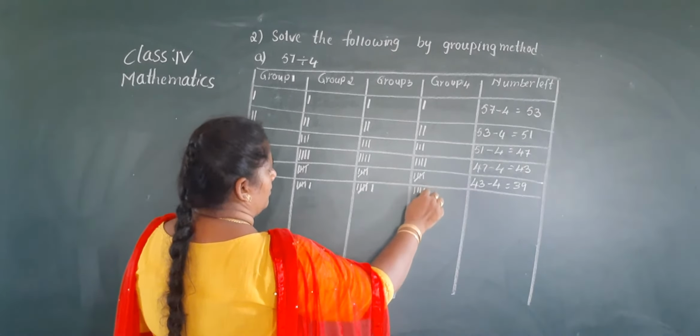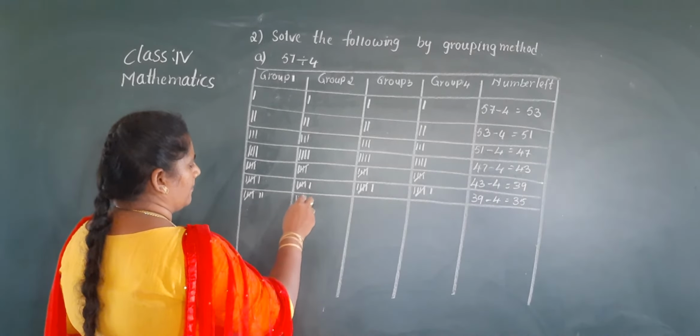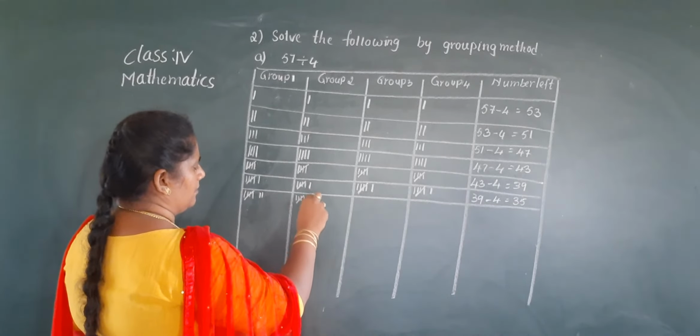See children, it's very easy. Just we have to distribute 1 by 1, 1 by 1. Already 6 is completed. Again 1. So 35 minus 4, 31.